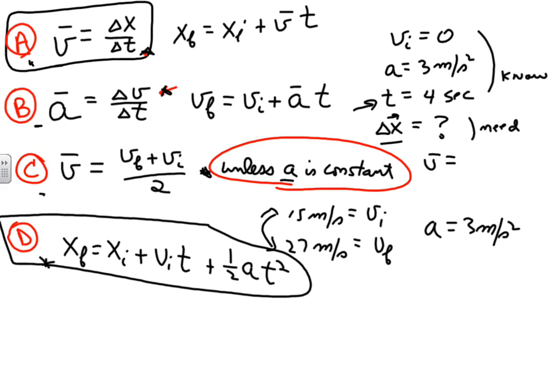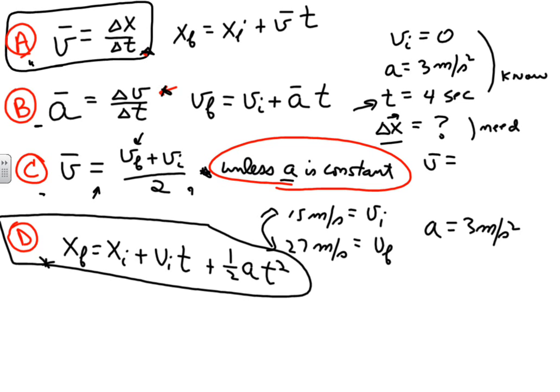Great. So what's V average? I have an equation for V average over here, equation C. So all I got to do is use equation C to get V average. All right, here we go. V final plus V initial over 2. Uh-oh. I don't have V final. So I don't know how to get V average to get the answer.